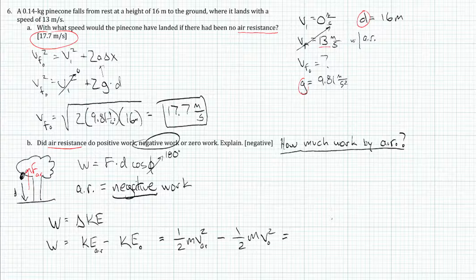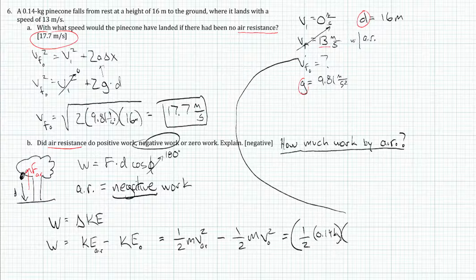So let's go ahead and key all these in right here. So we got 1/2 mass of the pine cone. That's 0.14 kilograms, right? Times, what's the final velocity with air resistance? We were told all the way back up here that was 13 meters per second, right? So that's 13 meters per second, and that value is squared. Okay, and then from that we're going to subtract 1/2 times, I need another bracket there, I think.